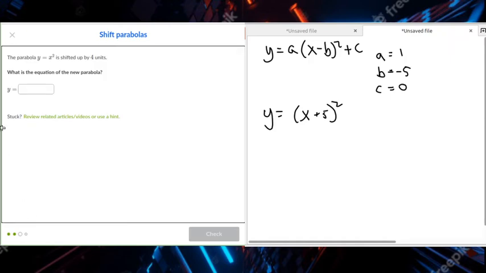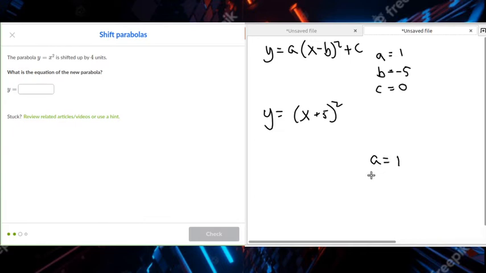Here, the parabola x squared is shifted up by 4 units. So if we're shifted up by 4 units, we know that a is still 1 and b is 0 because we haven't shifted in the x direction, and c is equal to 4.